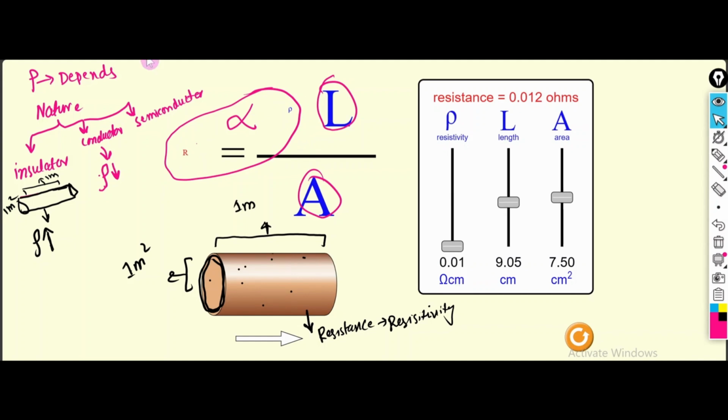Here by changing the value of the resistivity, this resistance is also changing. If we decrease the resistivity here, then this resistance also decreases, and their size will also decrease. So here is a direct relation between the resistance and resistivity.